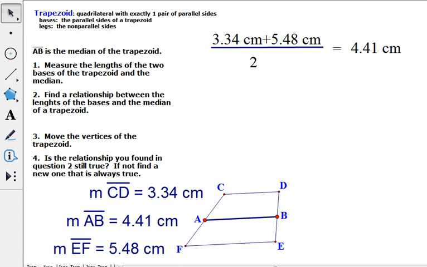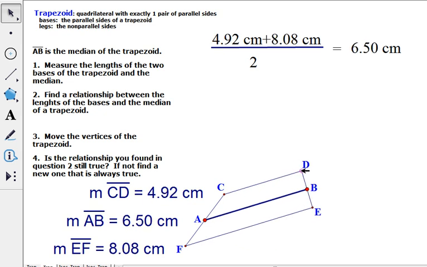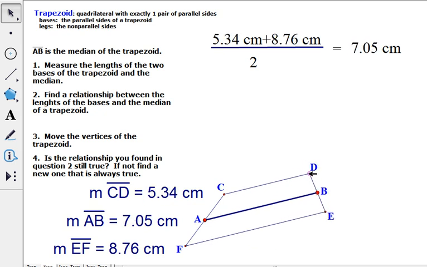Another thing dealing with the median: in this one I've measured one base, a second base, and also the median. I have a little equation up here, where I've taken the two bases, added them together, and divided by 2, and notice it equals the same thing as the median. If I change this, move my trapezoid around, nothing changes.